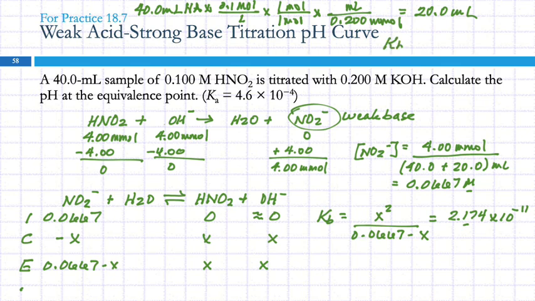So the Kb is equal to 1 times 10 to the minus 14 divided by the Ka.